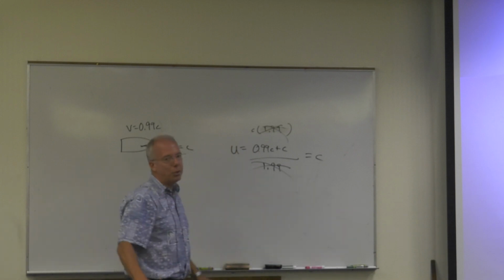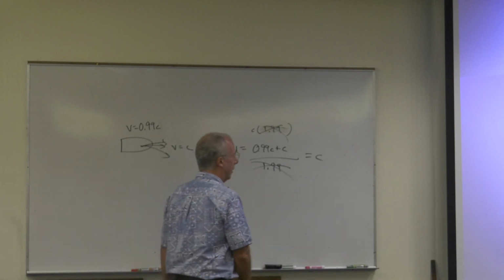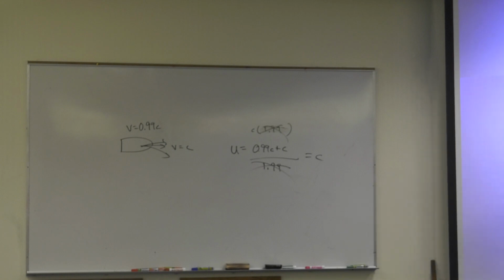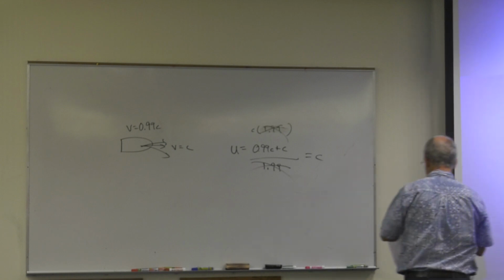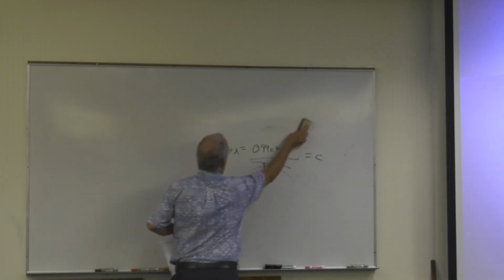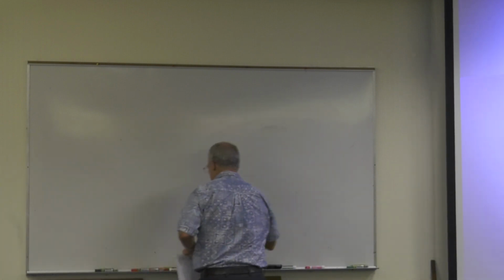I mean, you should play with it yourself. Put any numbers in here you want, and you'll see that this will never exceed c. It will never exceed the speed of light, because nothing can travel faster than the speed of light.